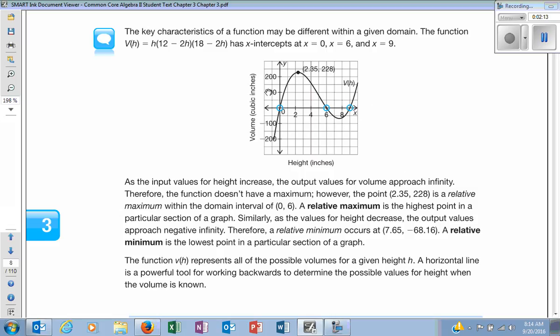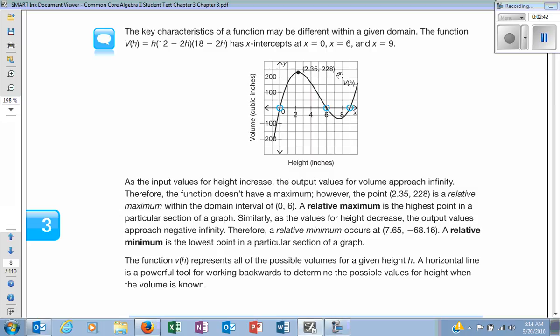If I just look at between here and here, where my x is -1 and my x is 10, do you see this section? It's like this little piece right here. Is there a highest point? Yes. Do you see they labeled that for you?